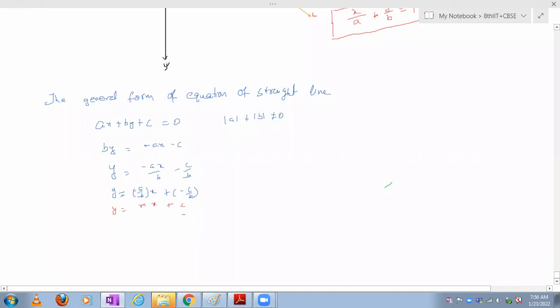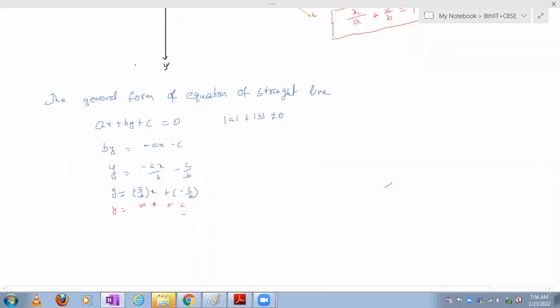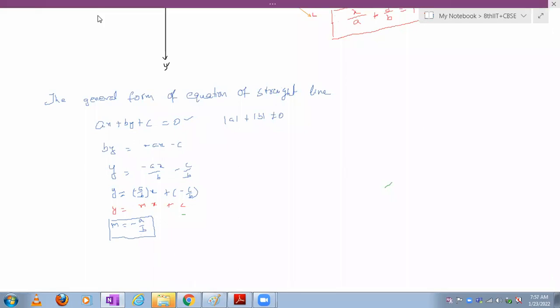Now here, m is equal to what? Tell me, what is m? If you compare, it is minus a by b. So the slope of this line is minus a by b.